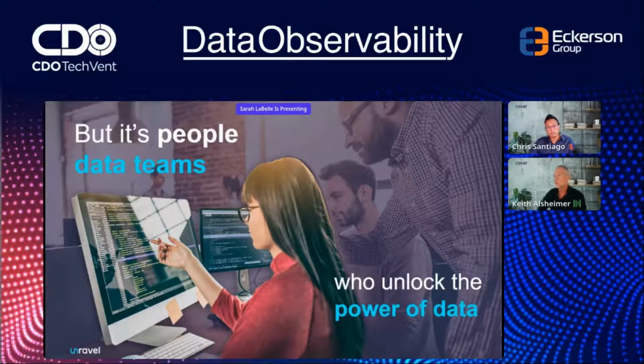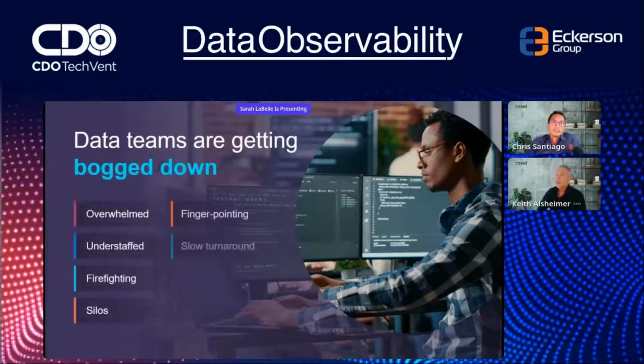And so in order for companies to successfully realize the innovation that data can drive for their businesses and for the world, it really comes down to actual people, the folks on the data teams who are responsible for setting up and running and managing these data pipelines and data environments. And having said that, what we see are data teams really struggling. So Chris, you're out there every day. What are some of the things that you see happening with data teams?